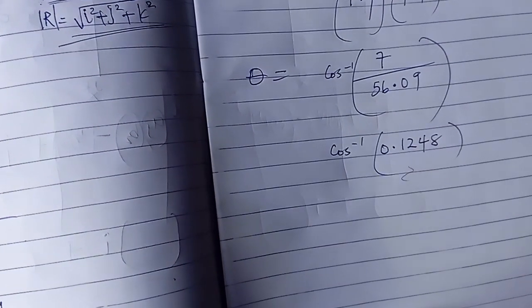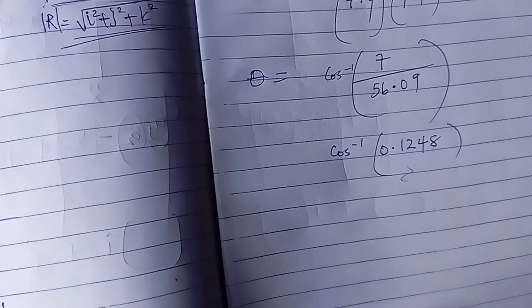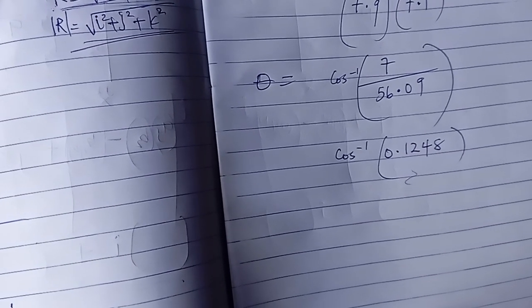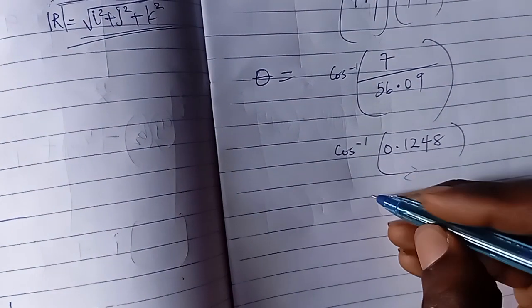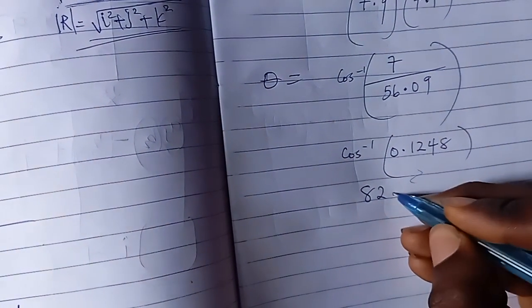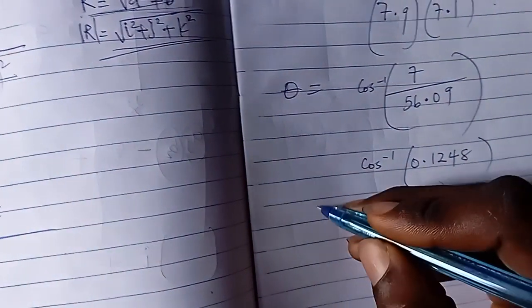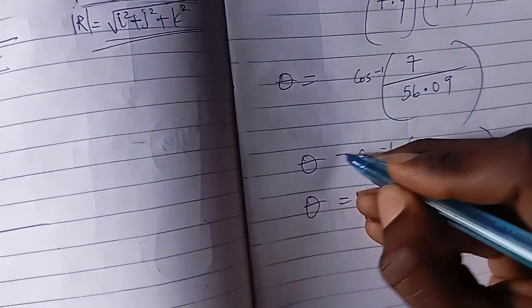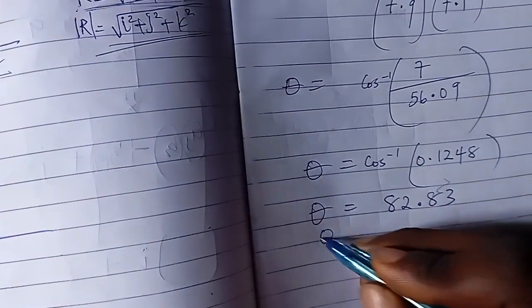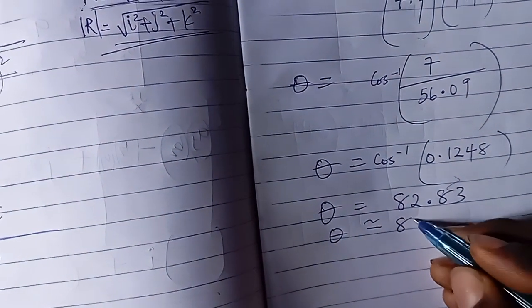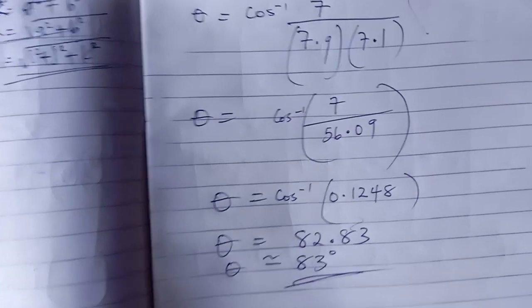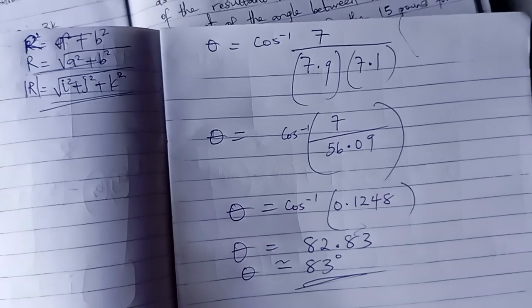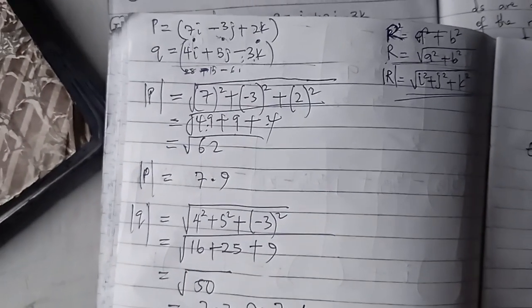Let's do the cos inverse of 0.1248. That gives me 82.83. So theta is approximately 83 degrees. This is my final answer. So it's easier to use the scalar product to find the angle than it is to use cross products.